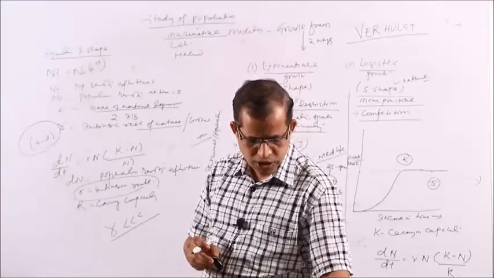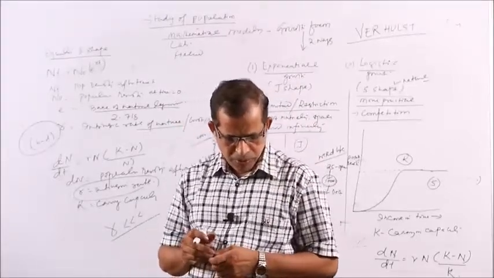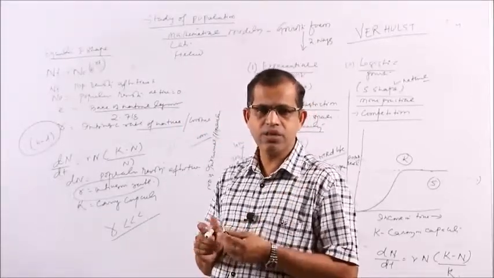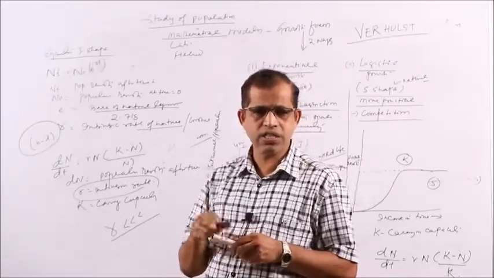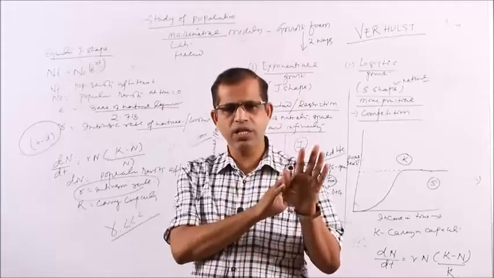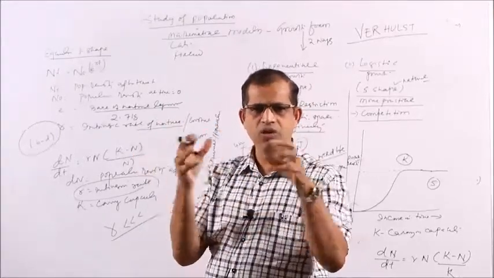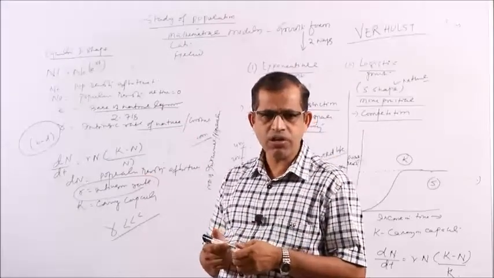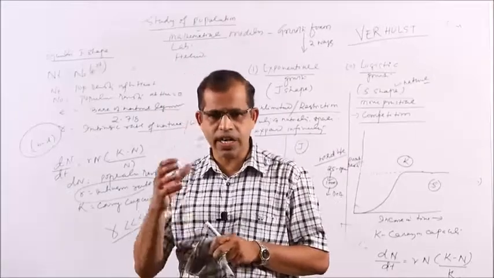The next part of our discussion is how populations interact, because we know there are individuals, then the population, then the community. Now there will be interactions among themselves, so that part will deal with population interactions.